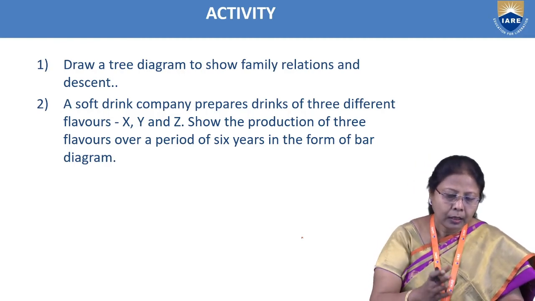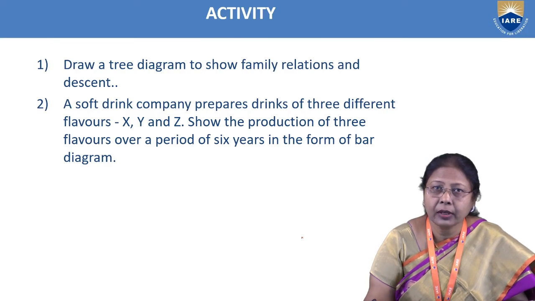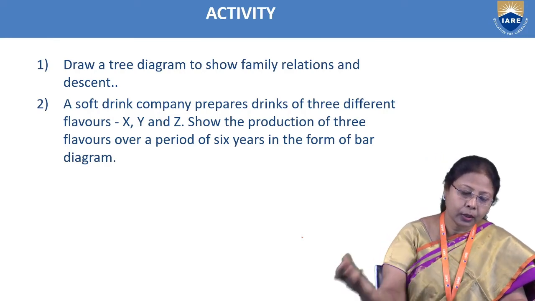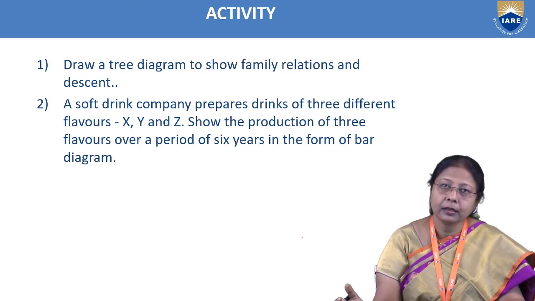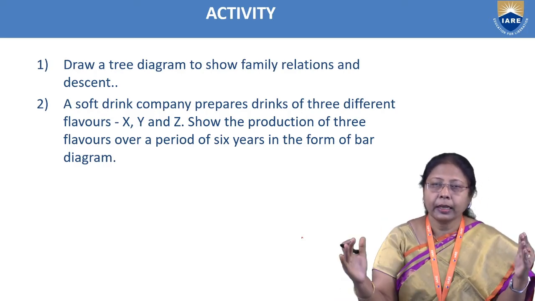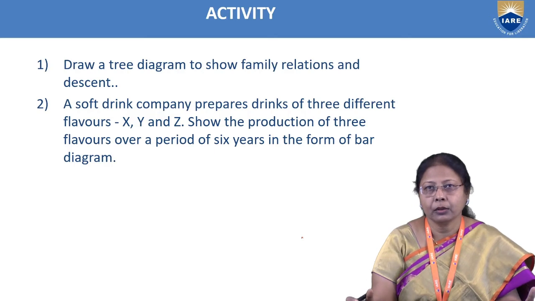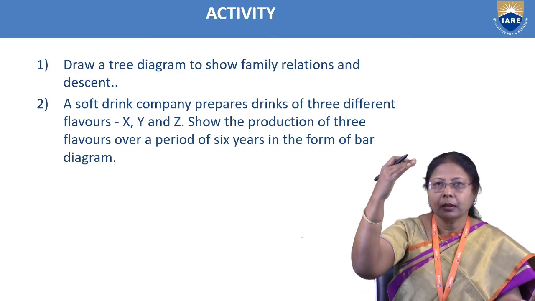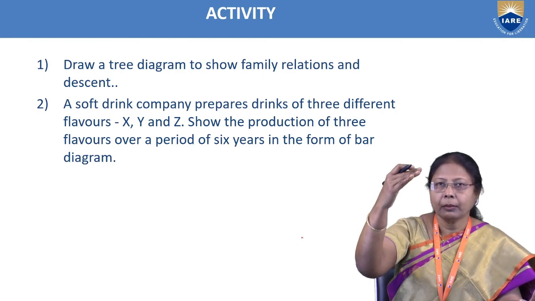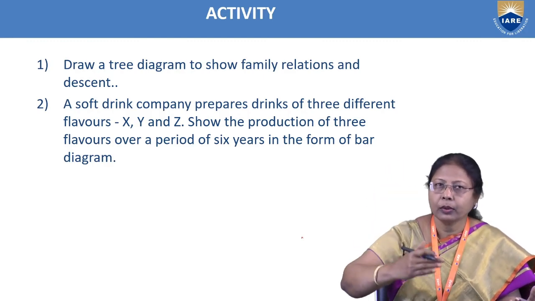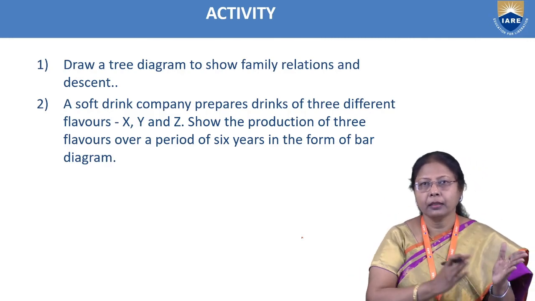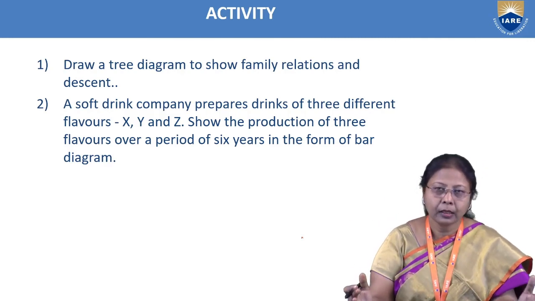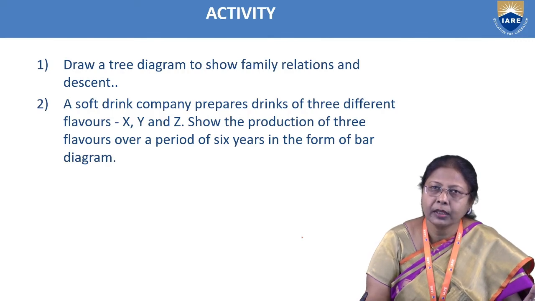As a part of the classroom activity, I have given two questions where you can draw diagrams. First, draw a tree diagram to show family relations and descendants. Show the family relations, from the head of the family, the father or grandfather, whoever it is, then father, mother, and then siblings and their relatives, in the form of a tree diagram.